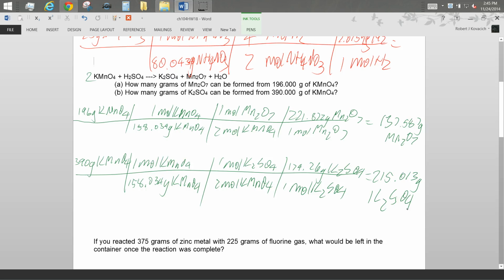What assumption did B make? Yeah, we already knew. So we had an infinite supply of the other stuff. Same assumption that it made for A, right? That we had plenty of sulfuric acid. Okay.